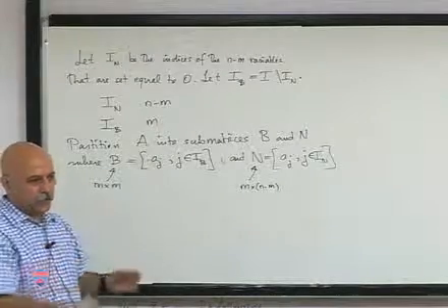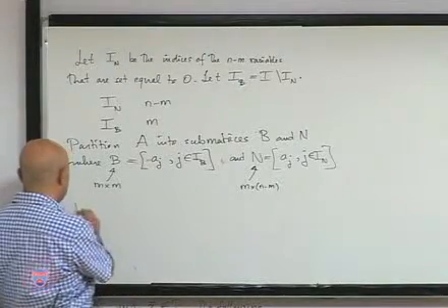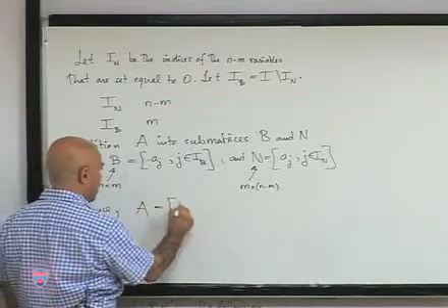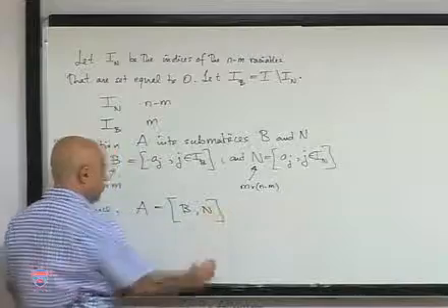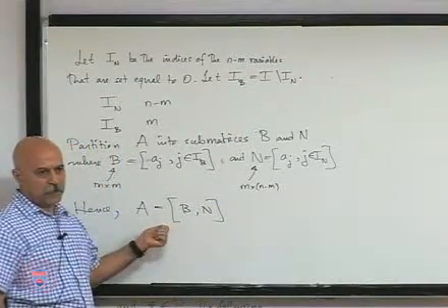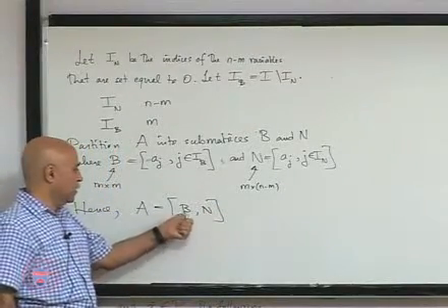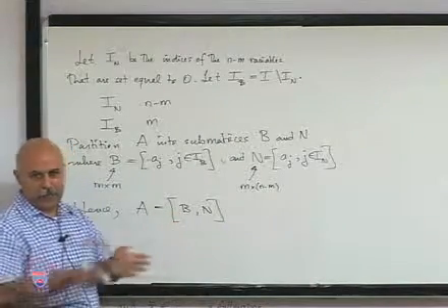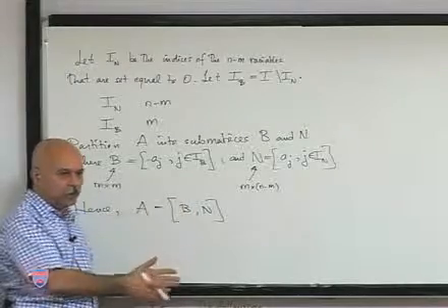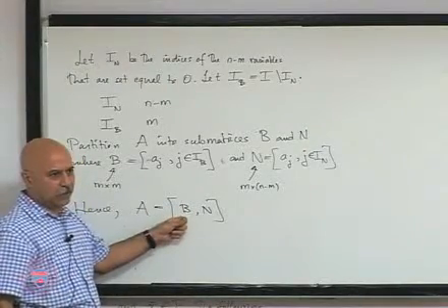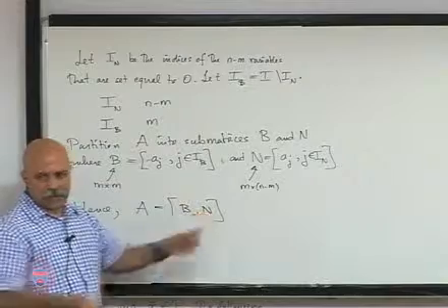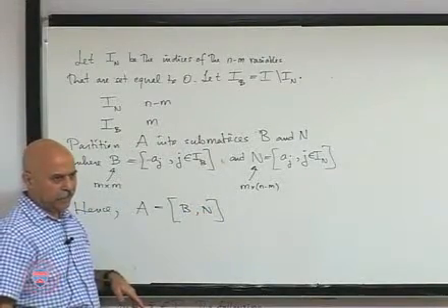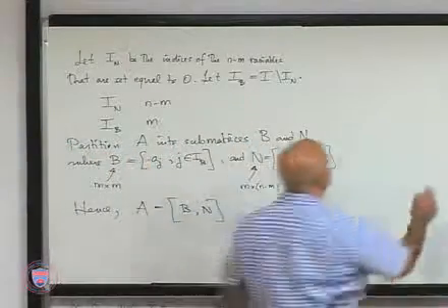With column rearrangements as necessary, I can write A as consisting of these two submatrices, because normally the first m columns need not be in B. Whatever columns are in B, just put them at the front, and the remaining n minus m columns constitute your N.